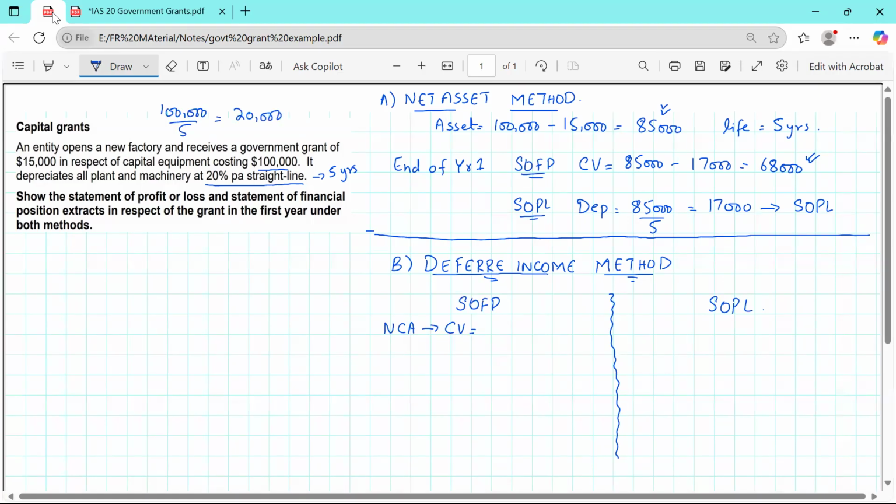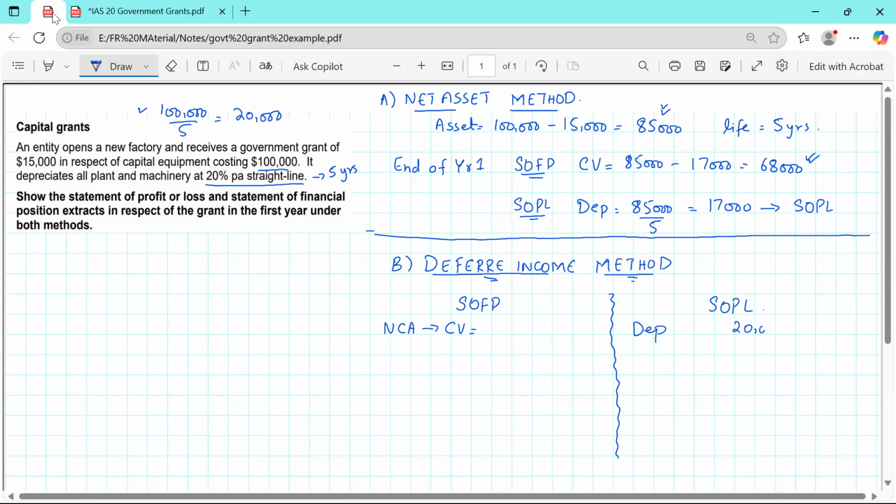Here, this is the deferred income method, not the net asset method where you deduct the government grant from the asset and record the asset at that value. No, here you are treating the asset separately, and the grant separately. So the asset cost was 100,000 and the life was 5 years, so depreciation per year is going to be 20,000. So I will just put depreciation of 20,000 here.